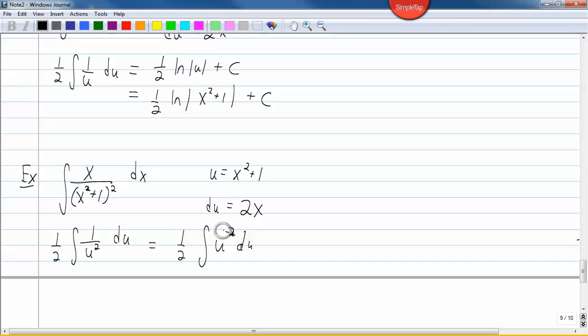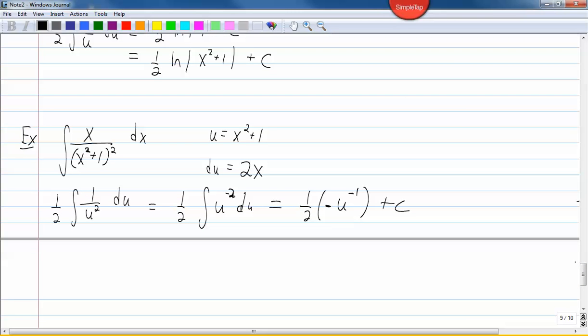So how do I integrate this? Add 1 to the power. What does it become? u to the negative 1. And divide by what? Negative 1. So this is going to be negative u to the negative 1.